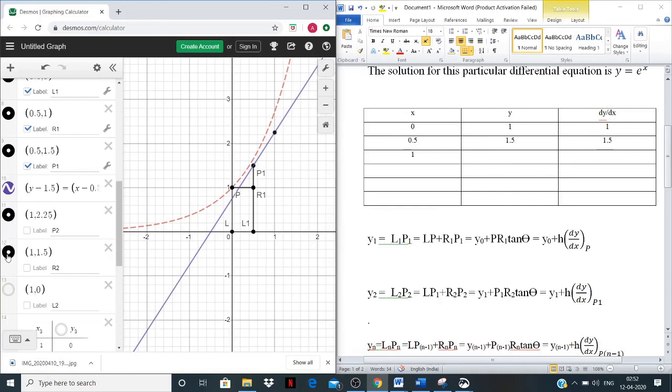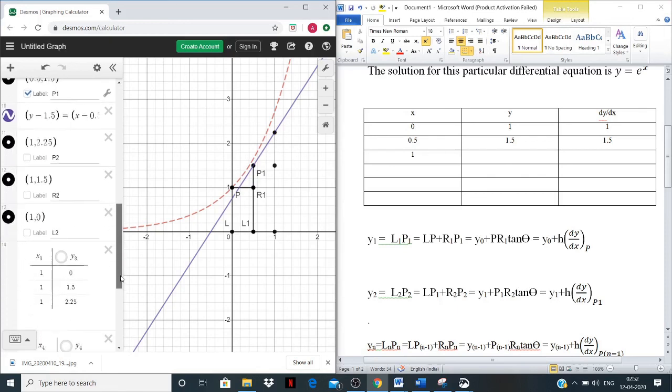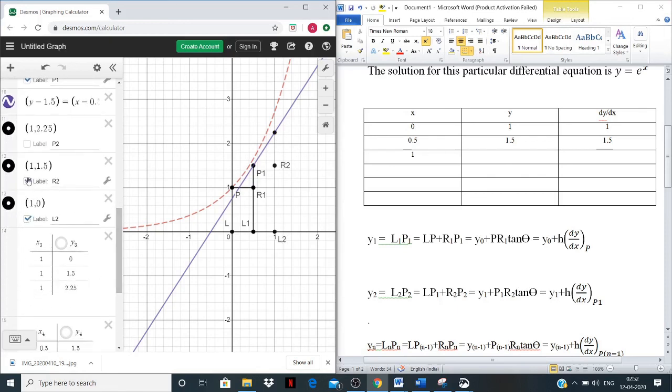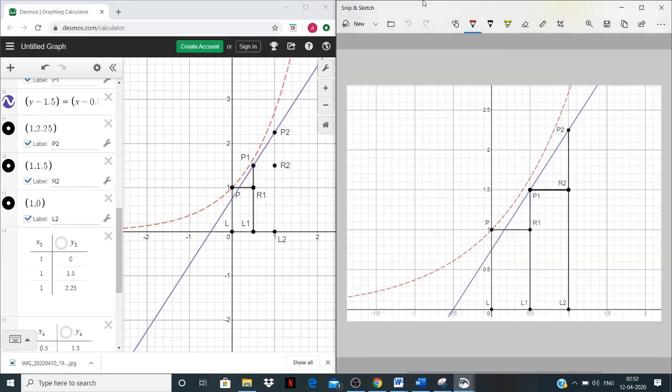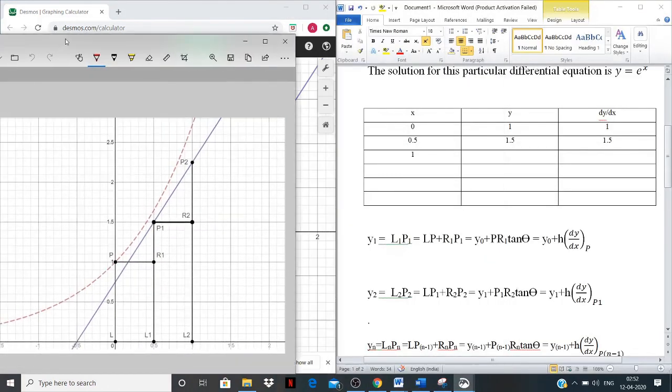I will find it using the same formula. So using the same formula I will find the value of y2. Over here this is my y2, this is my y1, and this is my angle theta.